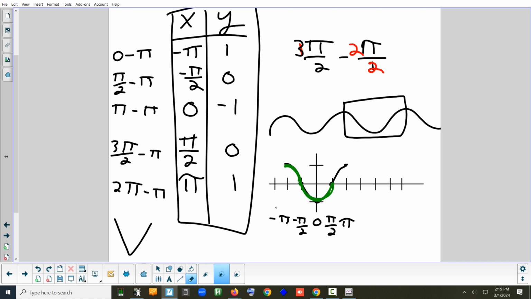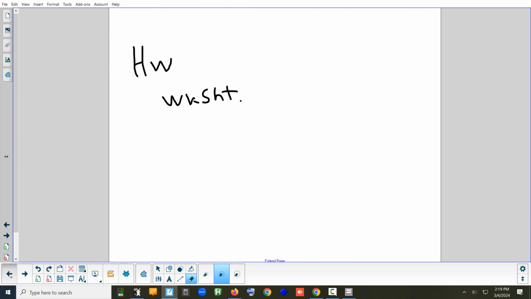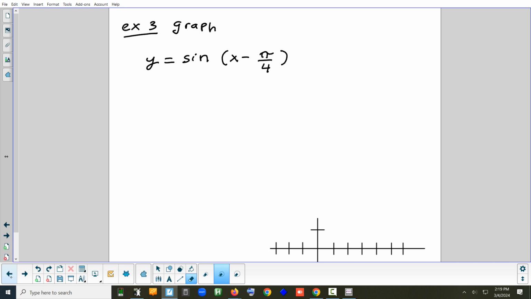Okay, so we've done a shift one way, we've shifted the other way. We did one with cosine, we did one with sine. Let's finish up one more with sine. Okay, this will be our last one.